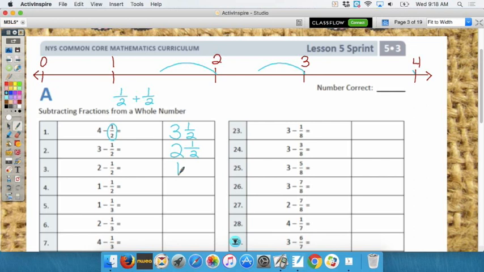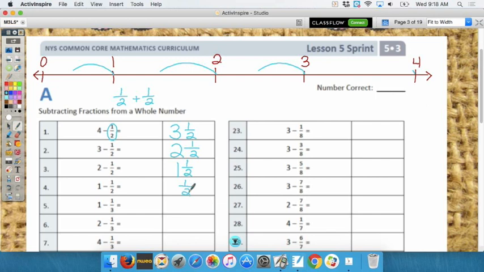I have 1 as my whole number, and what's my fraction? Now look at number 4. If I start with a 1 and I subtract a half, it will be 1/2. So do I need to put the 0 on? No reason to. So the answer is 1/2.